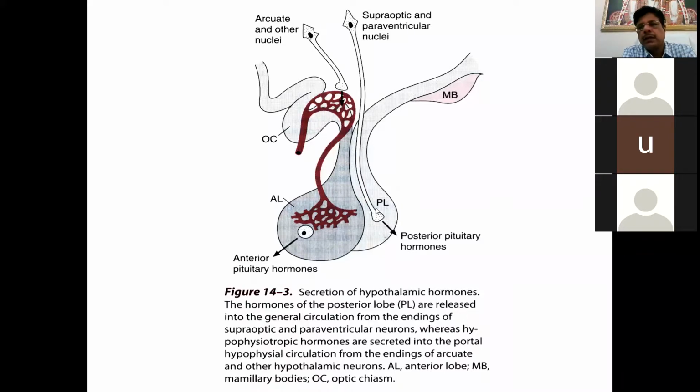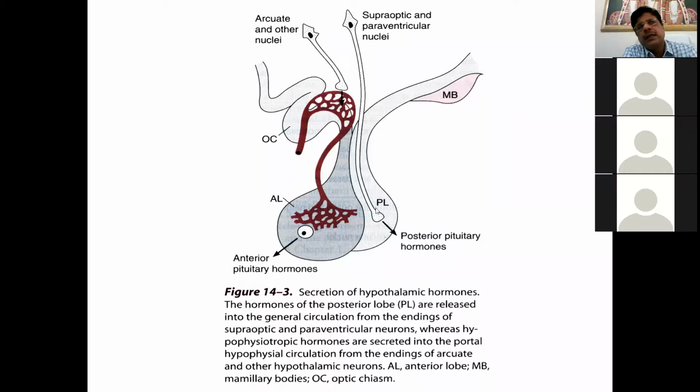And the chromophilic cells were again subdivided into two types, depending on which stain they were taking. Those which took up the acidic stain were called acidophils, and those which took up the basic stain were called basophilic cells.